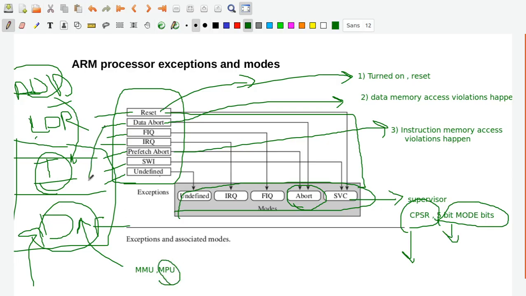If that memory is protected through some protected region, and you try to access those memory locations, then it will definitely throw an exception. It will tell you that you can't fetch the instruction from this memory because it is protected, not at all allowed to be written or read.